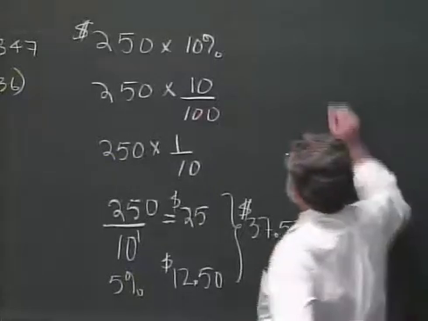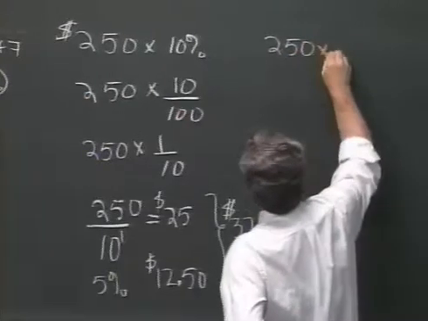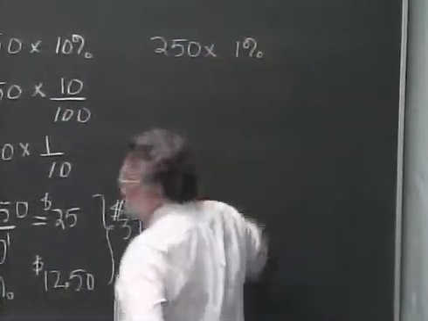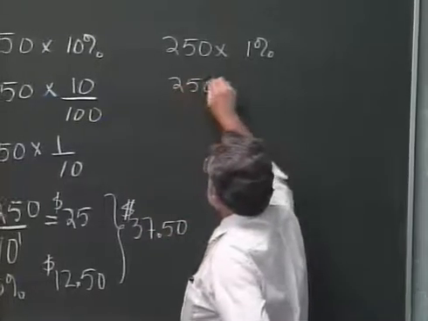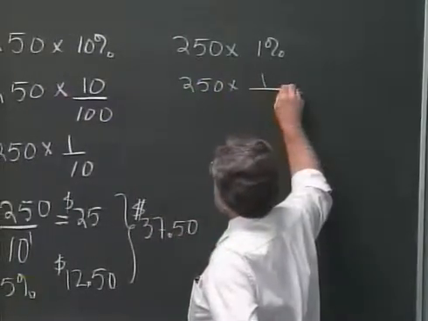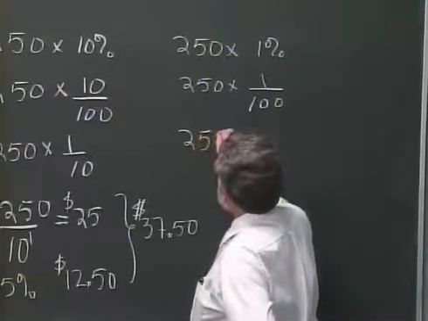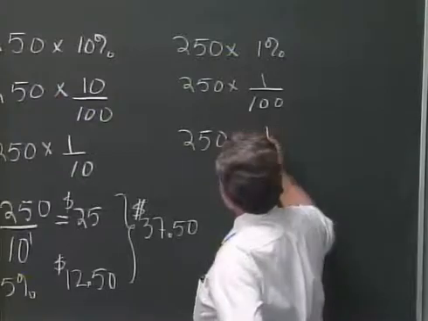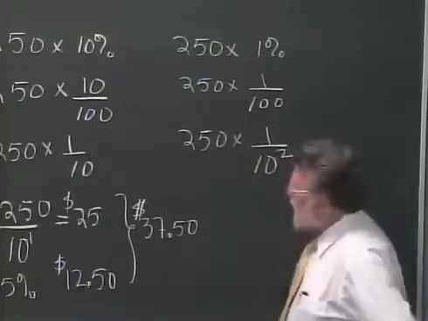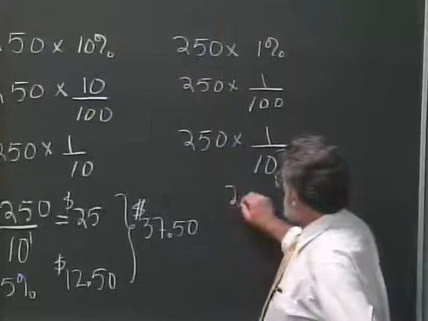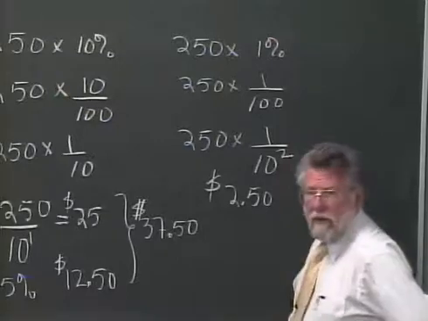So if I started with 250 and I wanted times 1%, then the argument is that that is really 250 times 1 over what? 100. But that then is really what? 250 times 1 over 10 to the second. And yes, you move the decimal 2 places to the left, so that'll be $2.50 for 1%.